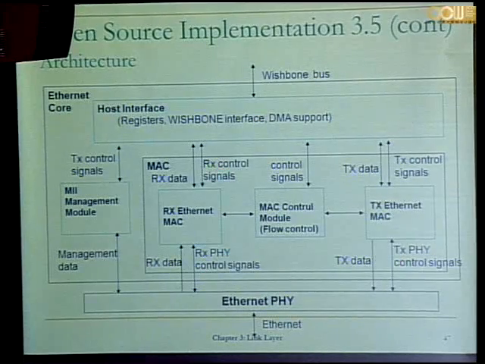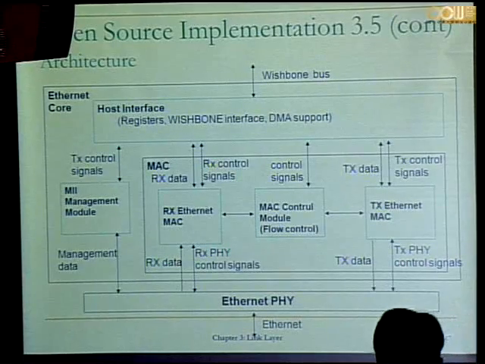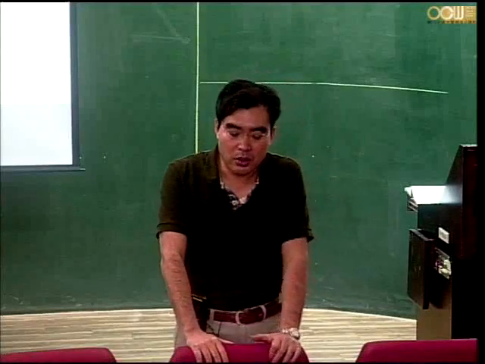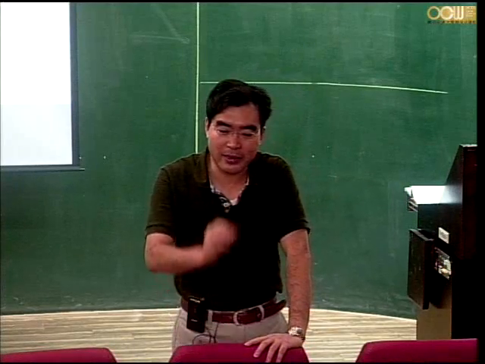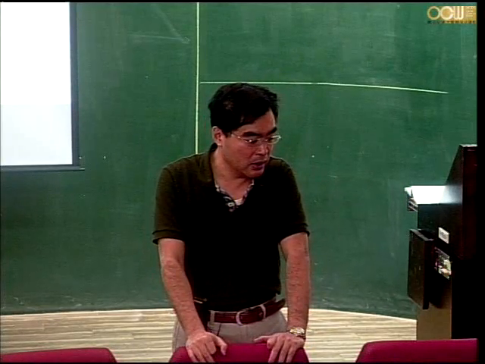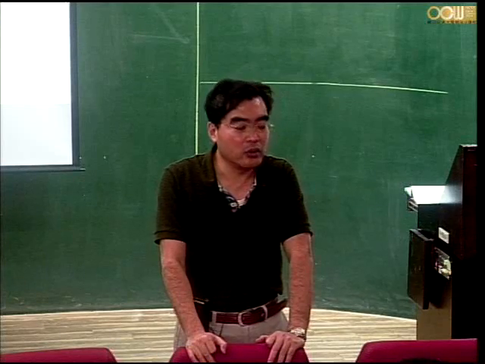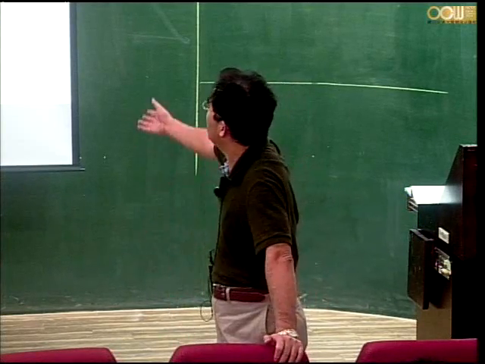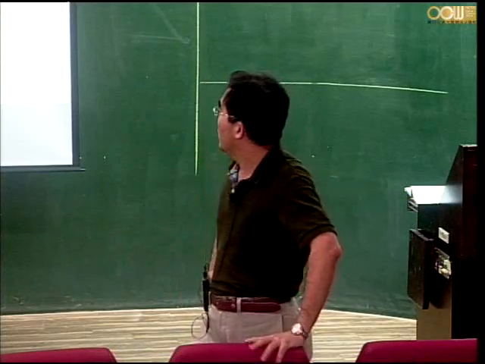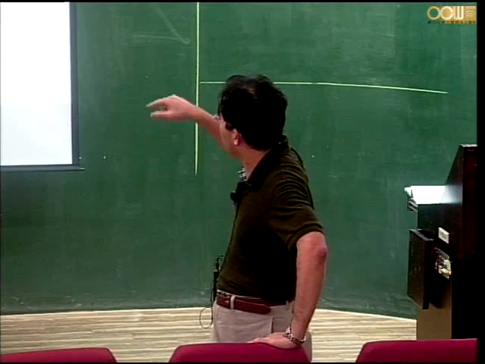But first of all, let me give you a concept of how they do IC design. When you need to design an IC or an IP, intellectual property, a circuit design, you need to draw the block diagram first. This is the block diagram with the modules.